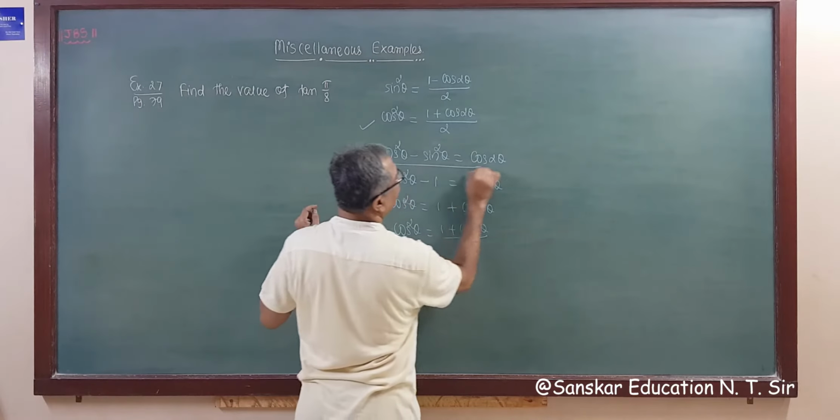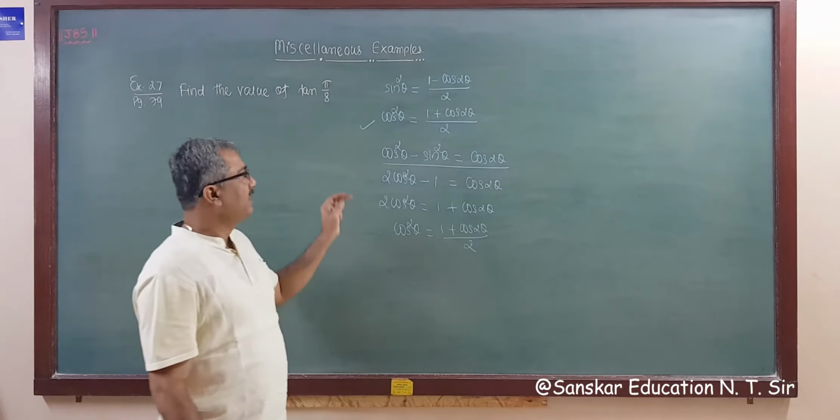Again, if we change this into only terms of sine, then you have the formula cos 2 theta is equal to 1 minus 2 sin square theta. Now making 2 sin square theta the subject, 2 sin square theta is equal to 1 minus cos 2 theta.